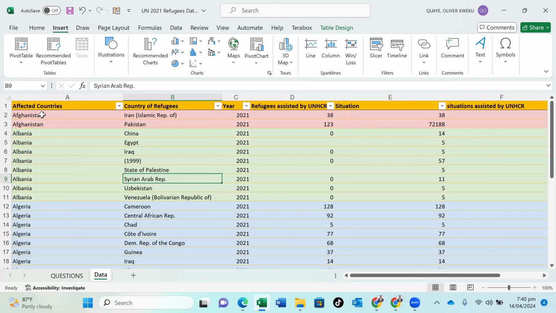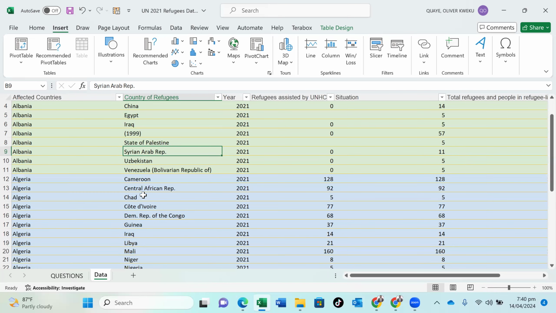So you could see that some people from Afghanistan were taken to Iran, whilst some were taken to Pakistan in the same year 2021. People from Albania were taken to China, others were taken to Egypt, and some were taken to Iraq. And the countries follow: Venezuela, Uzbekistan, and the rest.